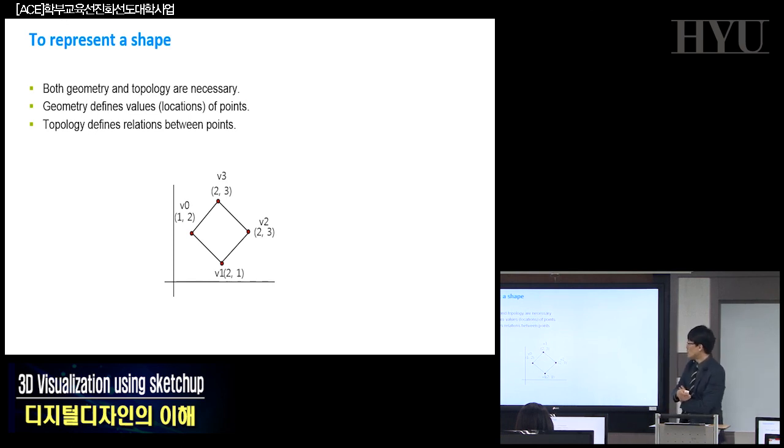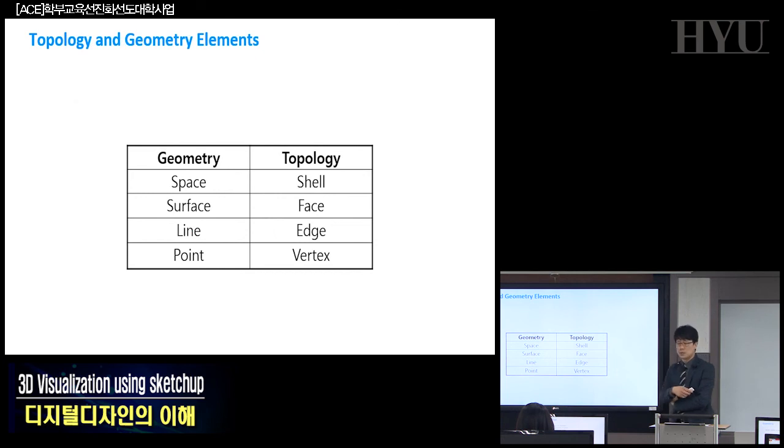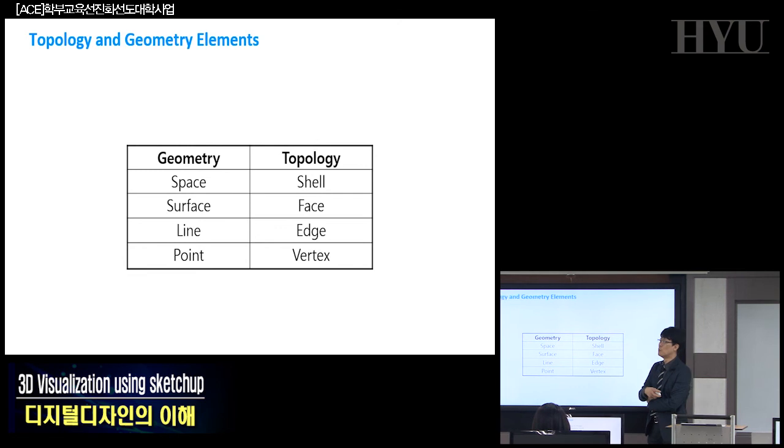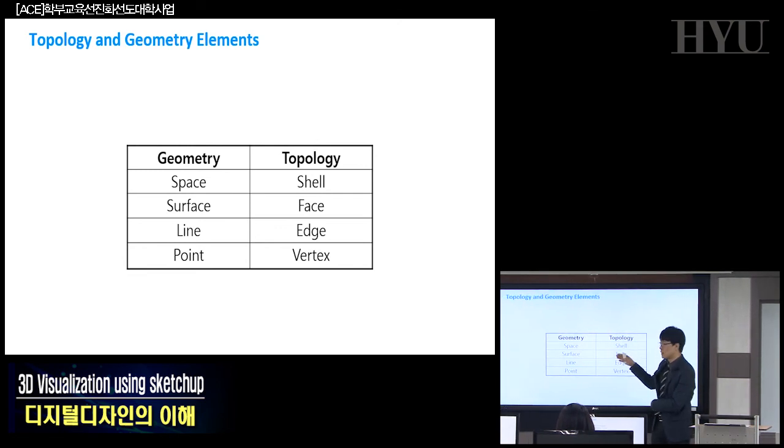Geometry is in charge of defining values of locations of points. Topology defines relations between points, between vertices, okay? Let's take a look at some simple comparison between those two things in terms of its terminology.